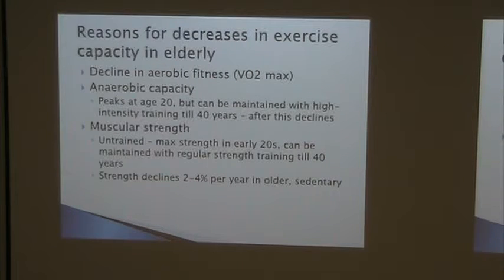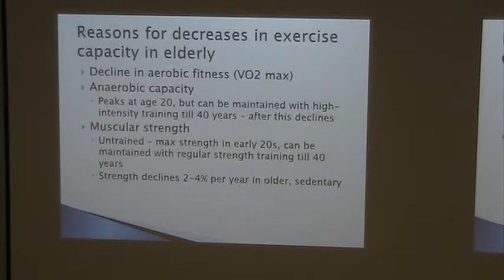Again, muscle fibers tend to get smaller, and you also start to lose some motor units, your fast twitch motor units. Slow twitch ones don't atrophy as much as the fast twitch ones because we tend to use our slow twitch muscle fibers more in everyday activities. Just to keep your posture upright, you're using more slow twitch fibers than fast twitch.